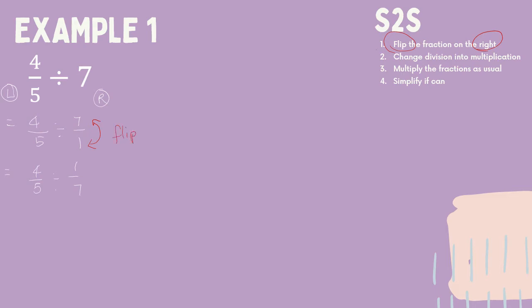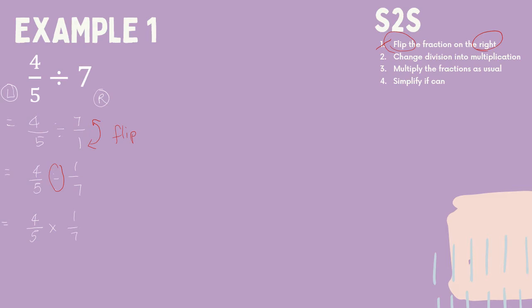So we are done with step 1. Step 2, change the division into multiplication. When you flip the fraction on the right, you need to change the division into multiplication. So we have 4 out of 5 times 1 out of 7.